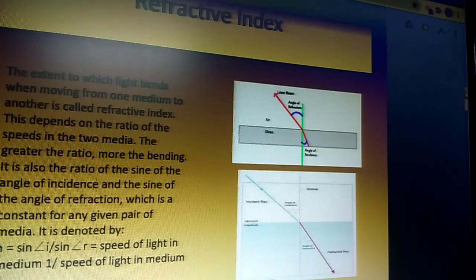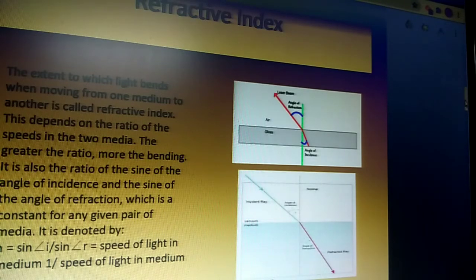The greater the ratio, the more the bending, and the lesser the ratio, the less bending will be seen. It is also the ratio of the sine of the angle of incidence to the sine of the angle of refraction, and it is constant for a given pair of media and for a given color. It is denoted by small n.